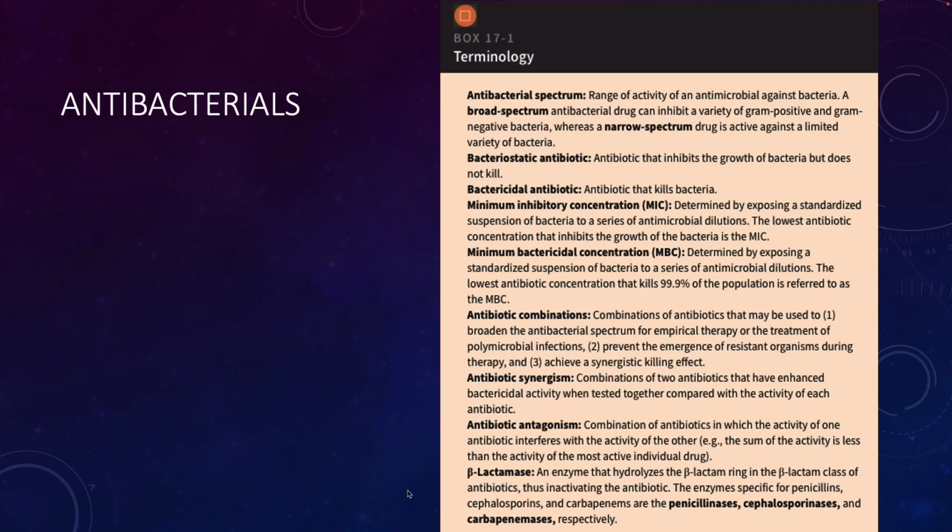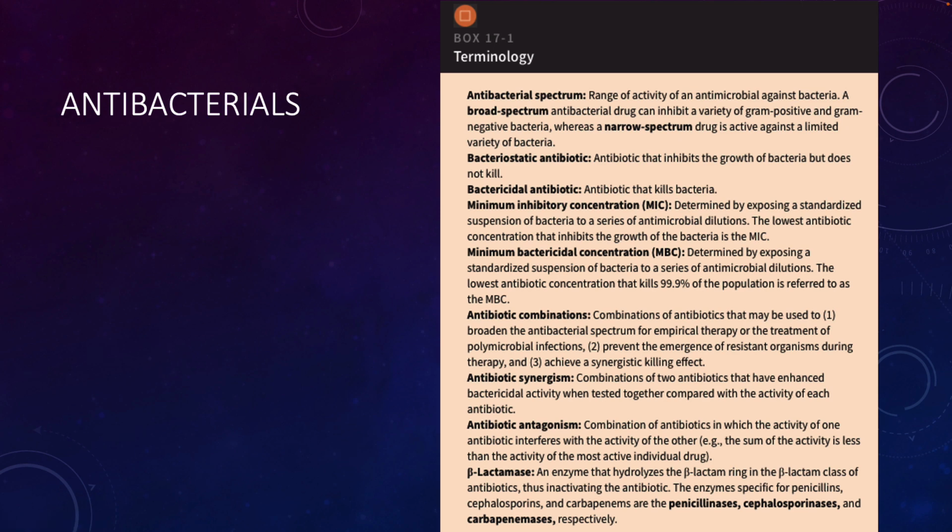So these are some of the important terms when we're talking about antibiotics, antibacterials. We'll talk about broad spectrum and narrow spectrum. So broad spectrum can work against a lot of different kinds of bacteria, whereas narrow spectrum work against a more limited subset of bacteria.